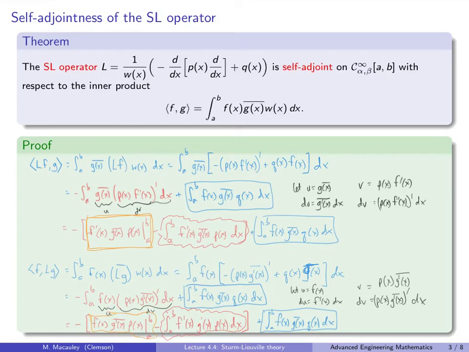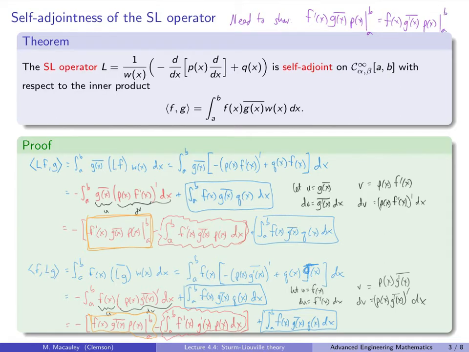So let me write that on top, and I'll put this in a different color. So we need to show that f prime of x, g of x bar, p of x from a to b equals f of x, g prime of x bar, p of x from a to b.